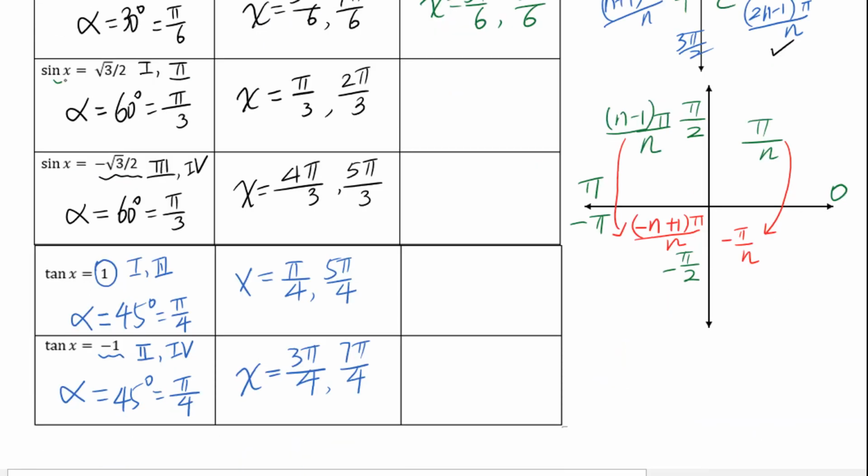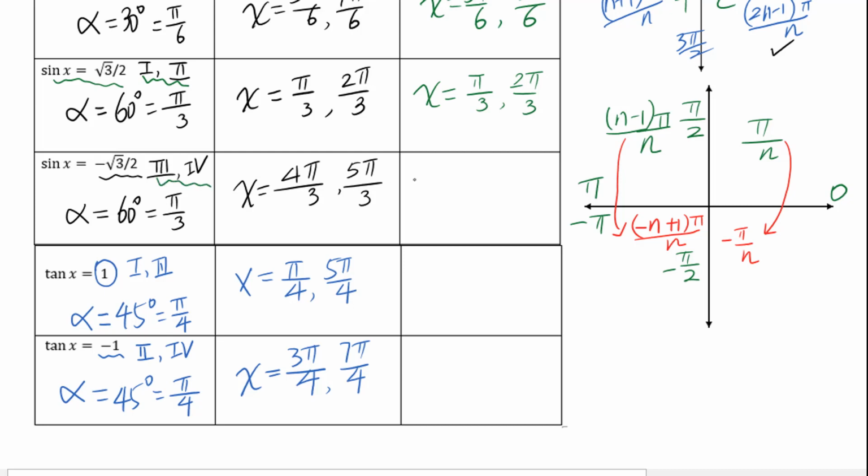Let's move on to this problem. The reference angle is pi over 3. The quadrant is first and then the second. So it will be exactly the same, pi over 3 and 2 pi over 3.